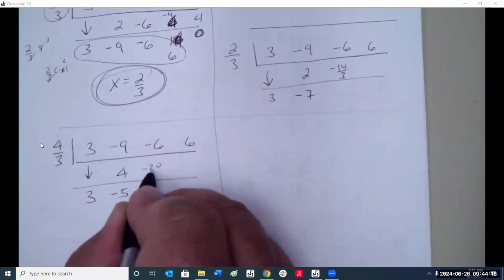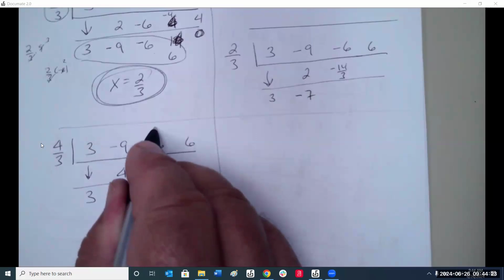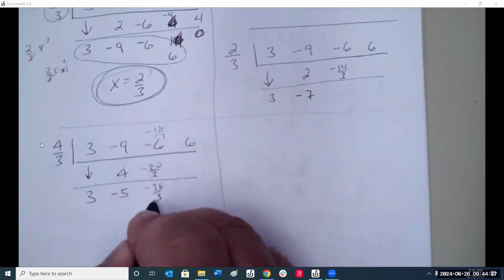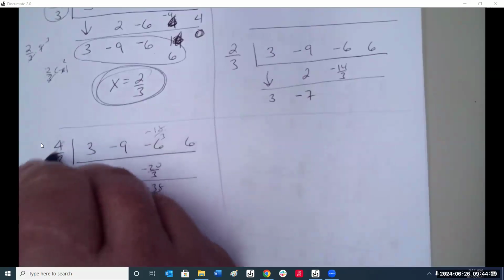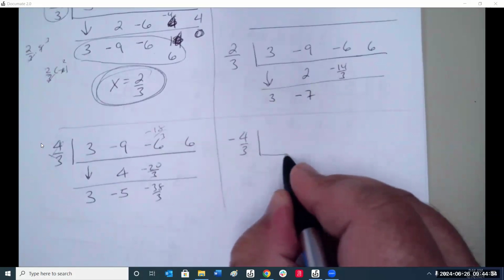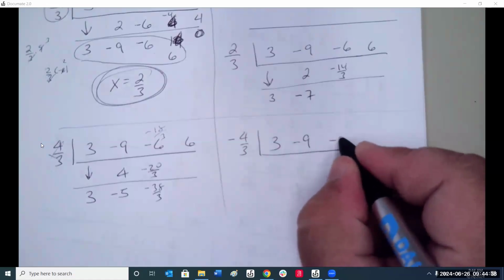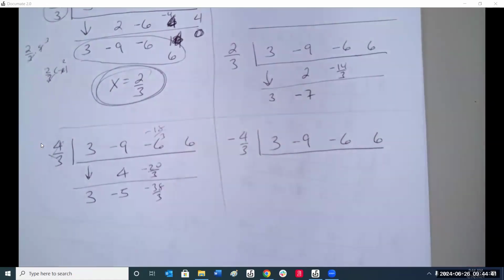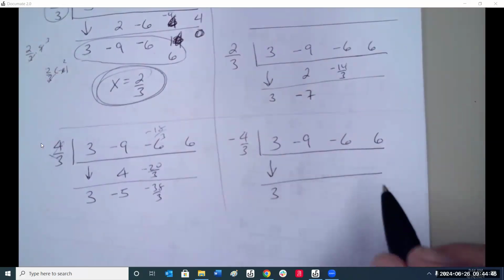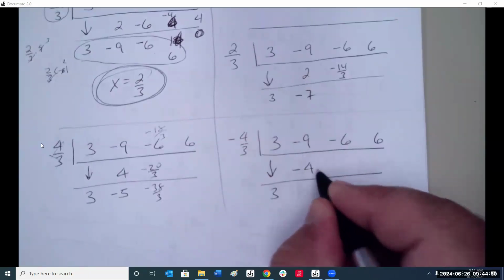Makes it negative 20 over 3. That makes it negative 18 over 3. Makes it negative 38 over 3. Not going to work. So negative 4/3. Negative 4/3 times 3 is negative 4.